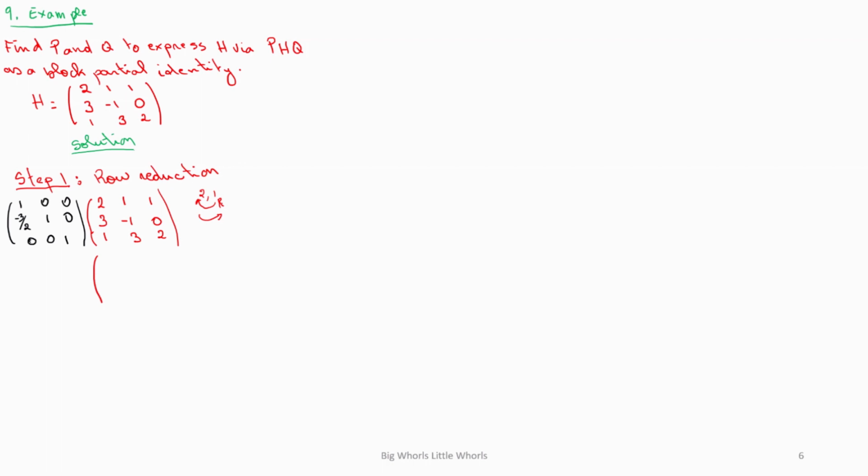Multiplying from the left on rows works the other way around, and multiplying from the right, the column multiplication works the normal way, from left to right. So what I want here is, if you multiply these two matrices, I'm going to get 2, 1, 1, 0, and minus 5 over 2, minus 3 over 2.